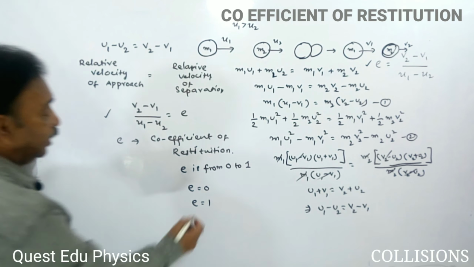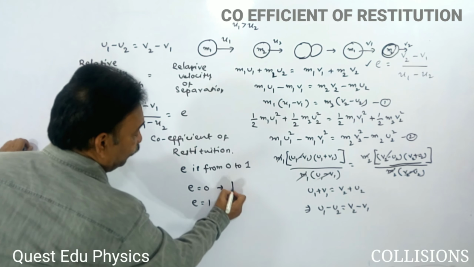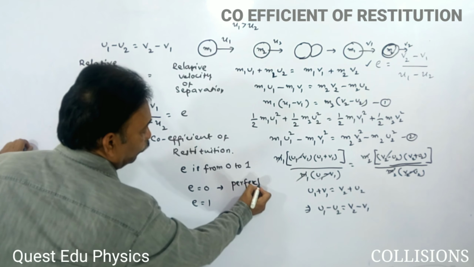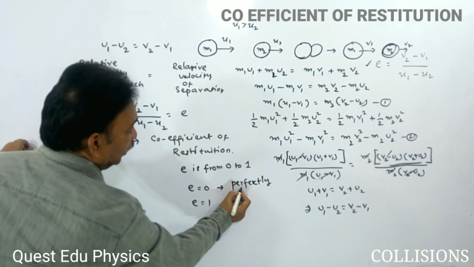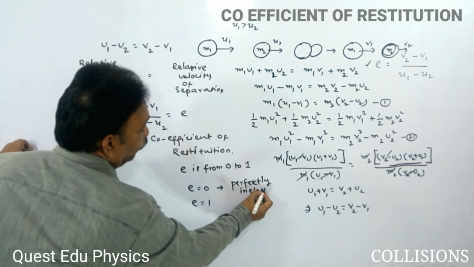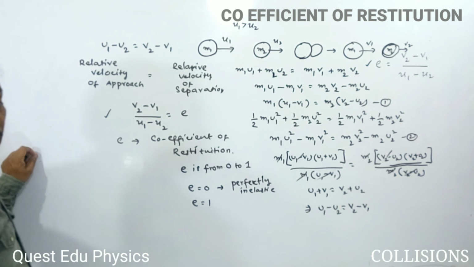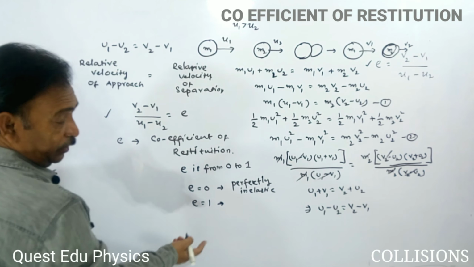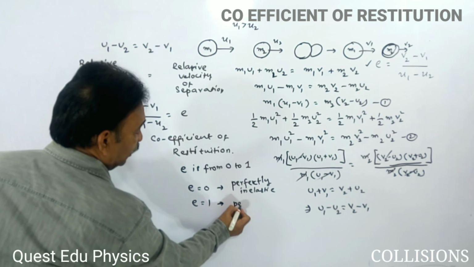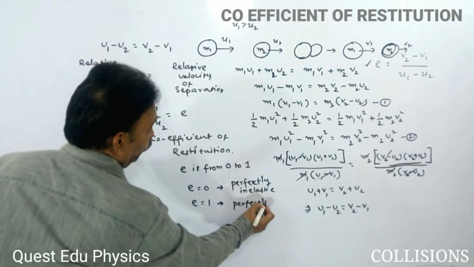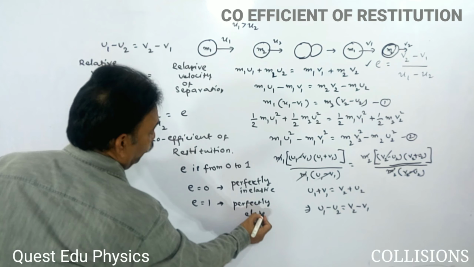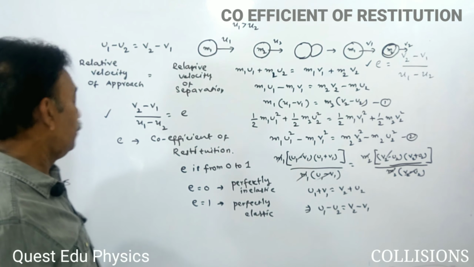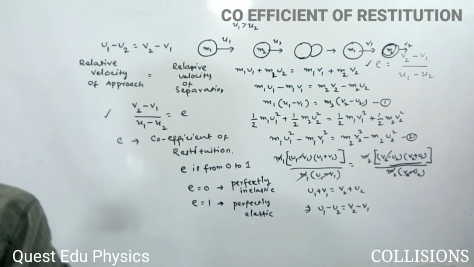Students, if E is equal to 0, we call it a perfectly inelastic collision, and if E is equal to 1, it is perfectly elastic. What does it mean?